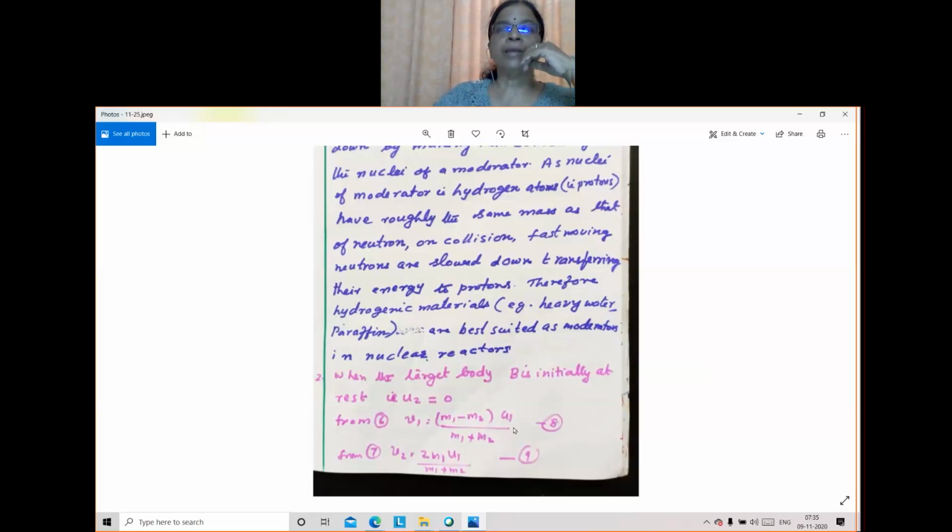Now imagine a carrom board. While playing carrom, body B is at rest. We strike the coin A, coin A moves and hits body B. They are of equal masses. What happens?